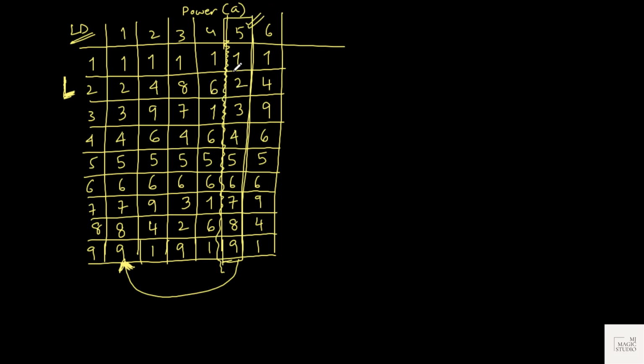In the fifth power, the entire first power column is repeating. That means after every 4 powers, the last digit of an expression for any last digit repeats itself. That's why we follow a cycle of 4 while calculating the actual value of A.